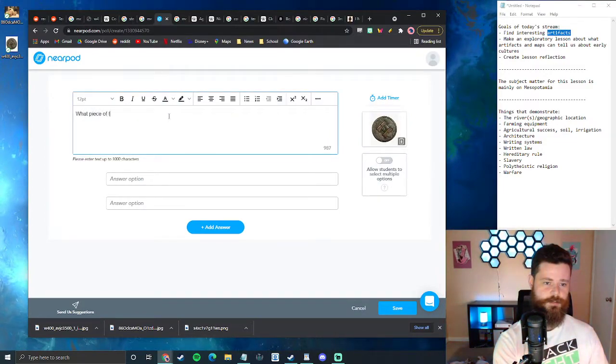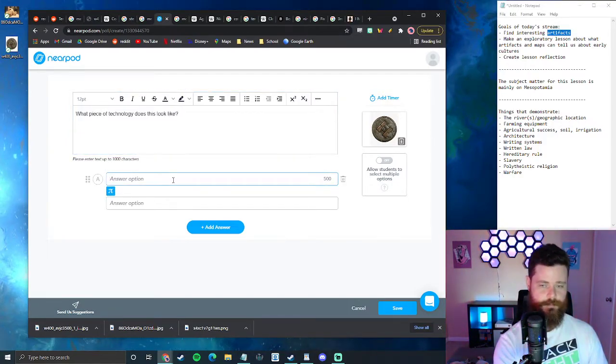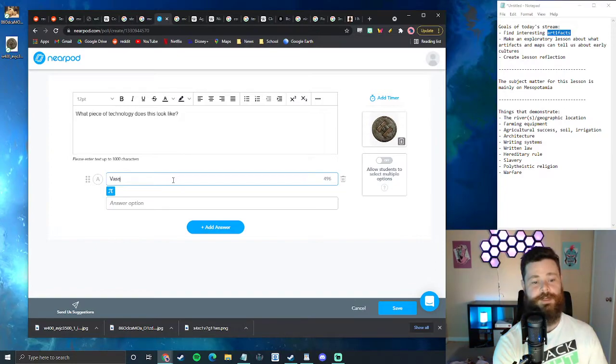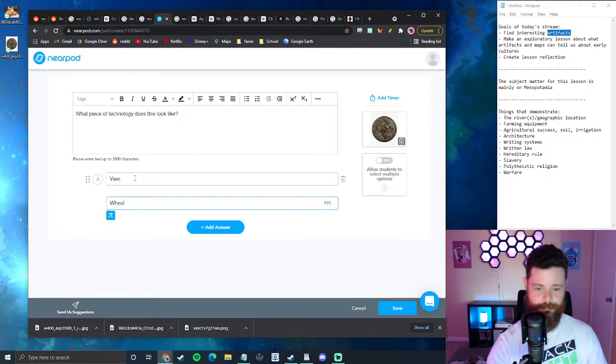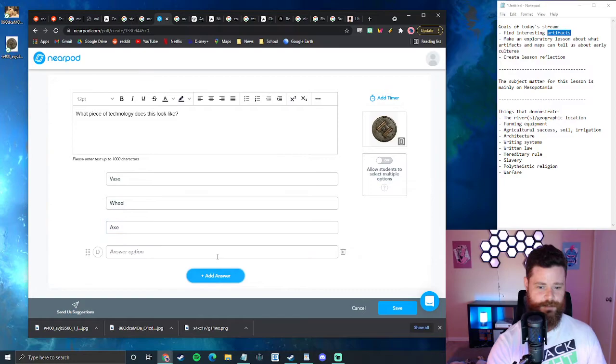What piece of technology is this? Or what does this look like? Face, wheel. Axe. Let me do a tricky one.